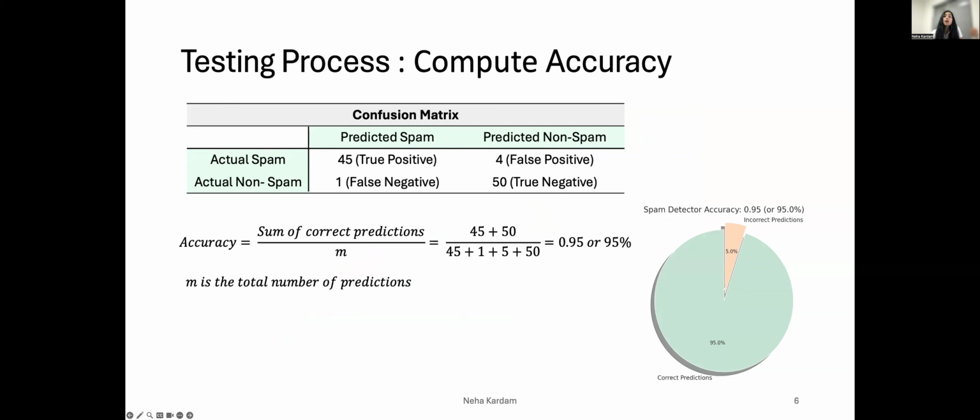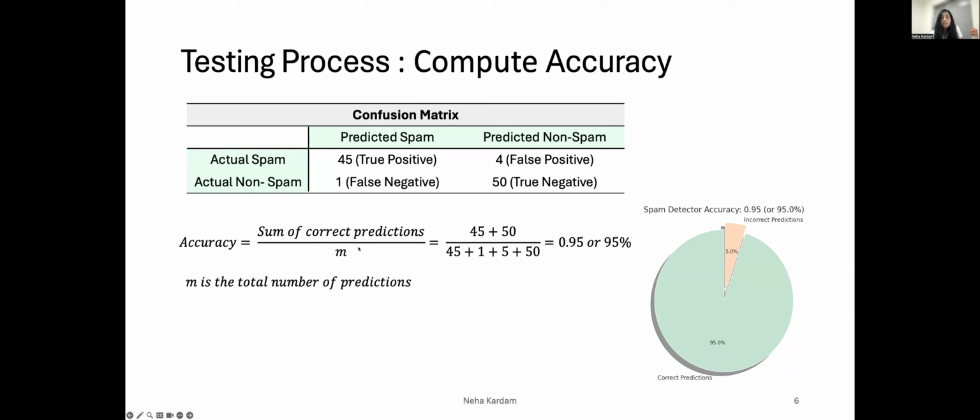To evaluate our model's performance, we use a confusion matrix, which compares the model's predictions with the actual outcomes. It visually breaks down where the model got things right and where it made mistakes. Accuracy is a key metric we derive from the confusion matrix.